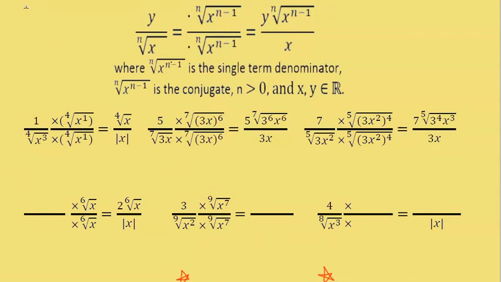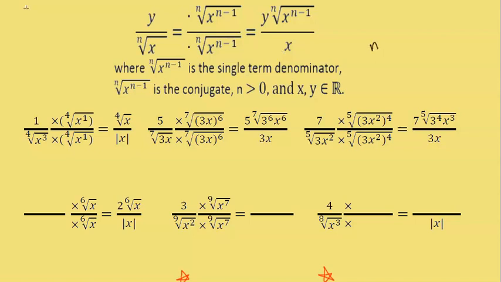Page 34. At the top we have y over the nth root of x. The conjugate of the nth root of x would be the nth root of x to the n minus 1 power. If you multiply those together, you'll get an x in the denominator.